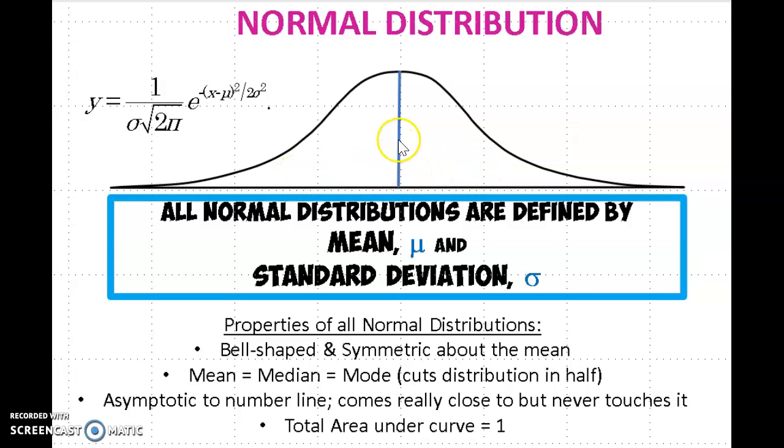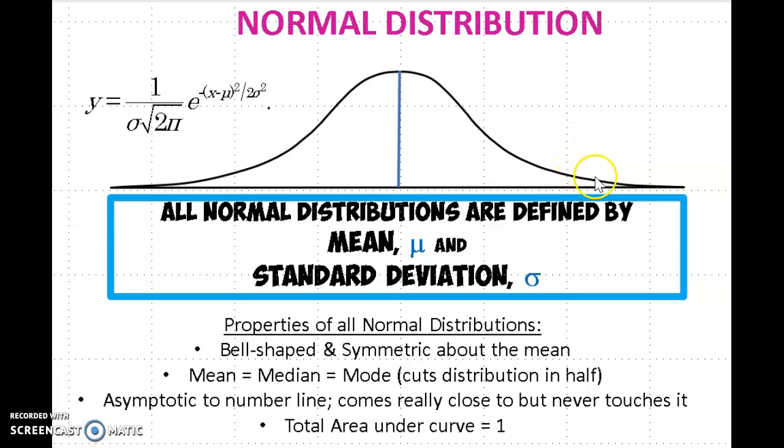So I picture this axis of symmetry as a mirror, a double-sided mirror reflecting the same thing on the left and the right. So if this is the mean, median, and mode, then that means that half of the distribution lies to the left and the other half lies to the right. Another thing about the normal distribution is that the tails will come really, really close to that bottom number line, but never touch it.